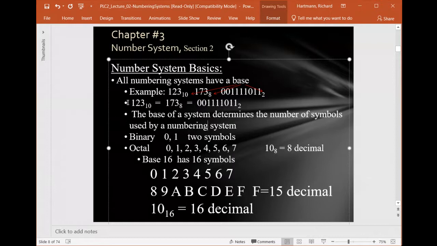But if I try to describe 123 base 10 in binary, I actually have to use at least 7 characters. I've got 7 characters here, so I could leave off these leading zeros. I don't even know why they're on this slide. But I have to use 7 characters to describe the number 123.